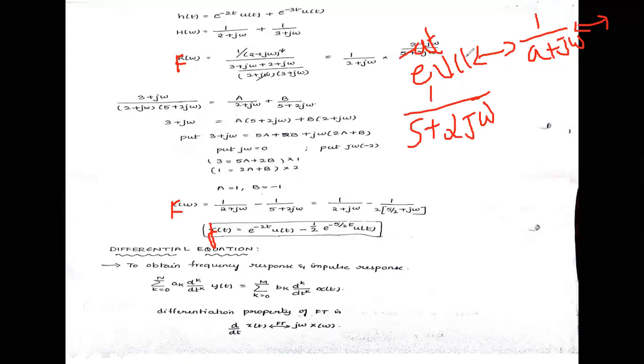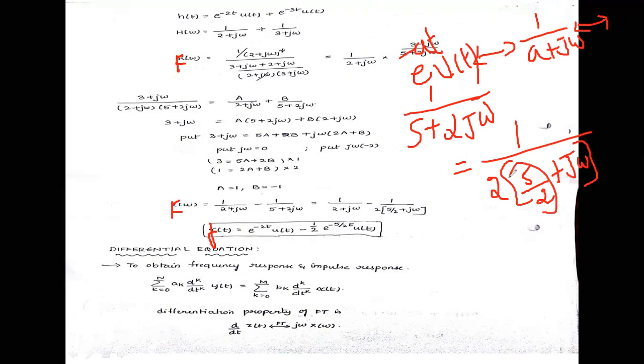We don't know it for 5 plus 2j omega. The coefficient of j omega should be 1 only, so keep that as 1. Simplify: take 2 as common, 5 by 2 plus j omega. Now the 1 by 2 is a multiplication factor. Now a is e power minus 5 by 2 into t mu of t.